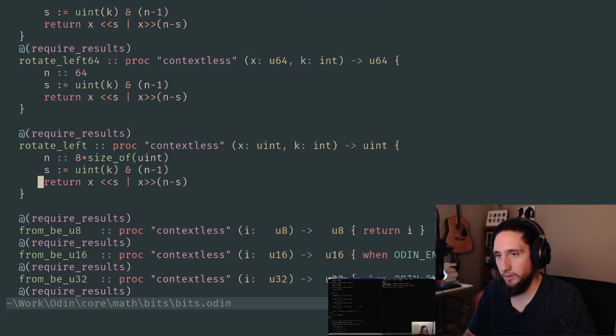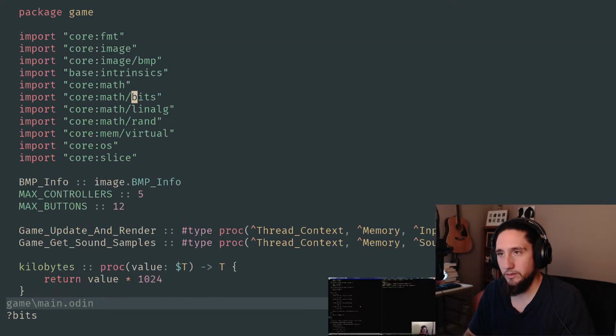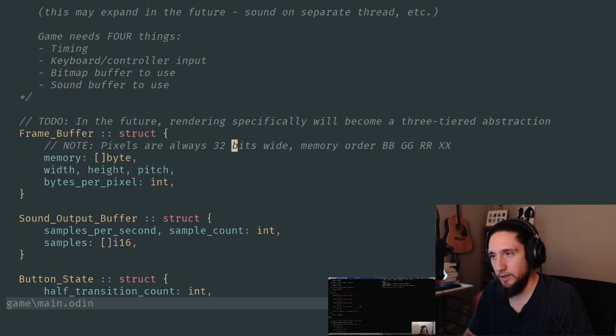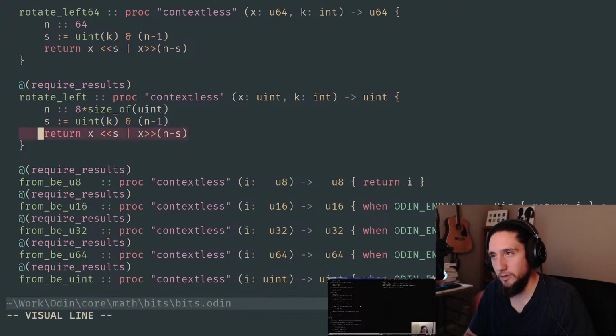Because this is using the bits package, sub package, whatever, sub module, off of Odin's core math package, and it does a shift to rotate left, right? It does this instead of using an intrinsic.